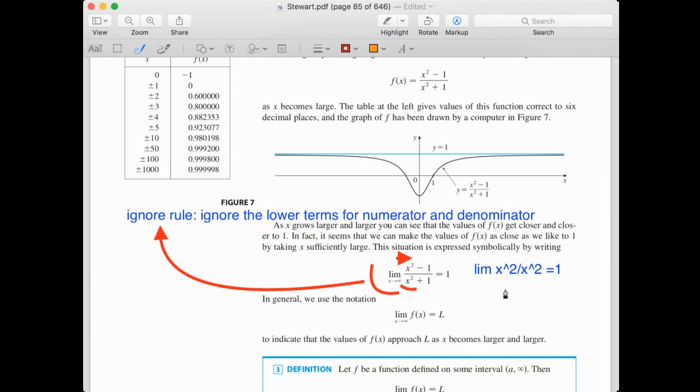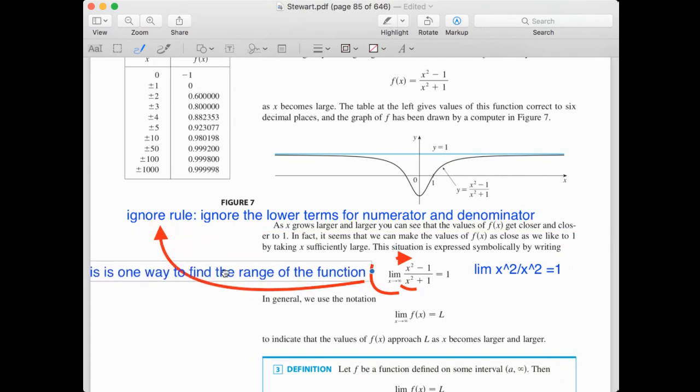All right, so when x approaches infinity and negative infinity, basically this is a tool to find the range. So this is one way to find the range of the function.